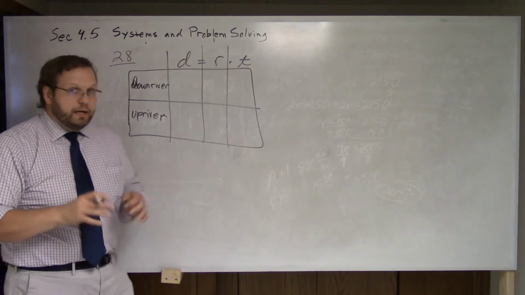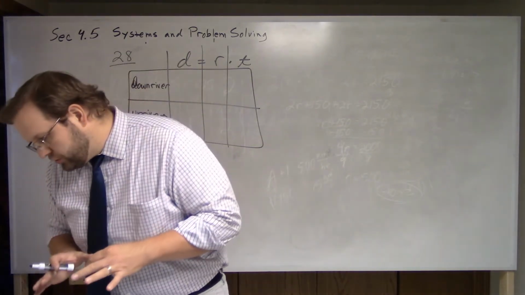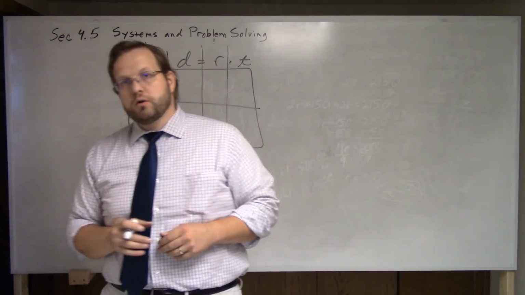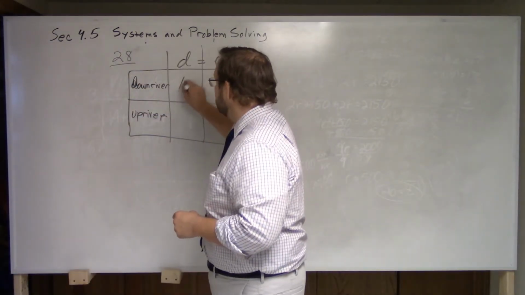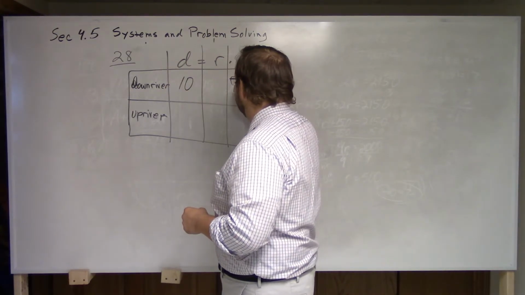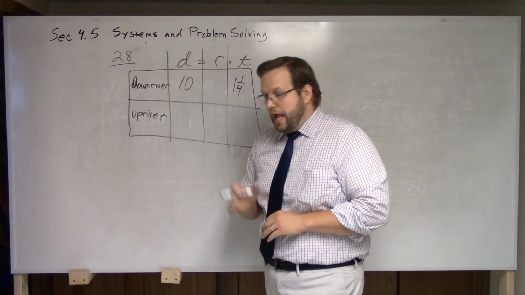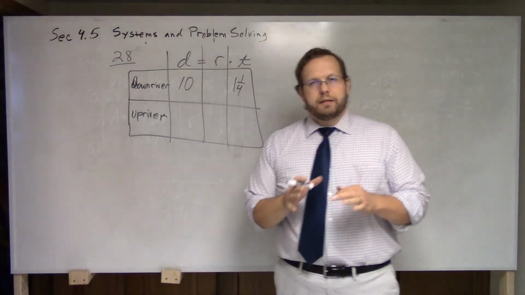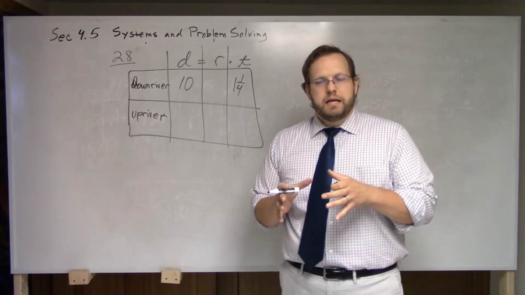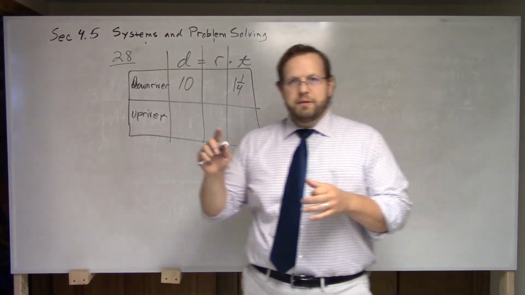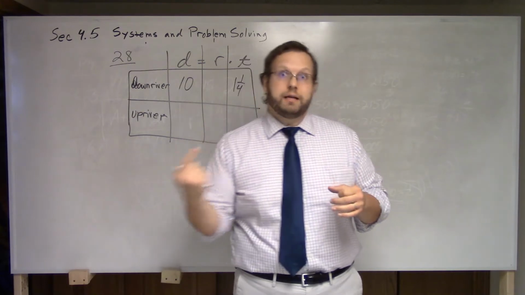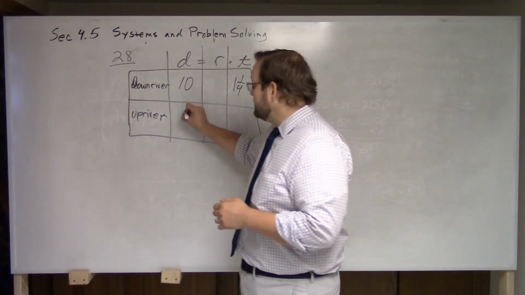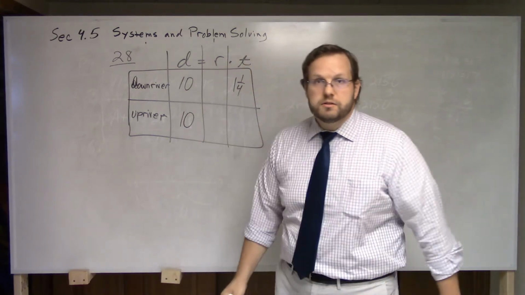Now again, they very specifically told you that they took a canoe 10 miles down the river in 1.25 hours. So the distance, 10 miles in 1.25 hours. After lunch, the return trip took 4 hours. Now we have to fill in a couple gaps here. If it's a return trip, then we have to assume that they literally just turned around and came back where they came from. So the distance covered back should still be those 10 miles.